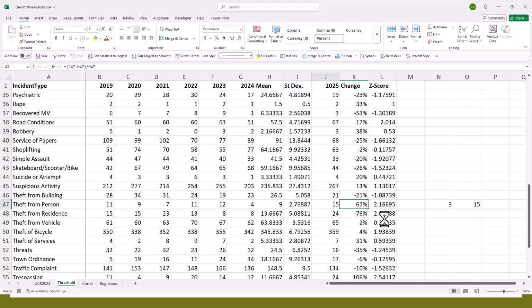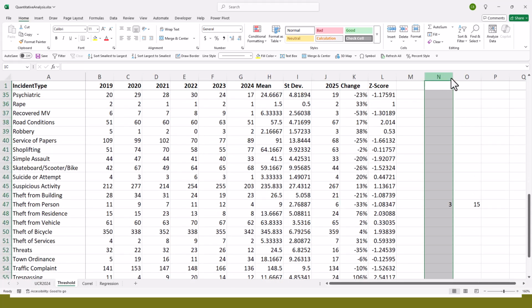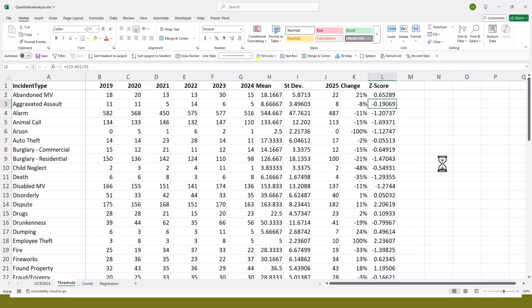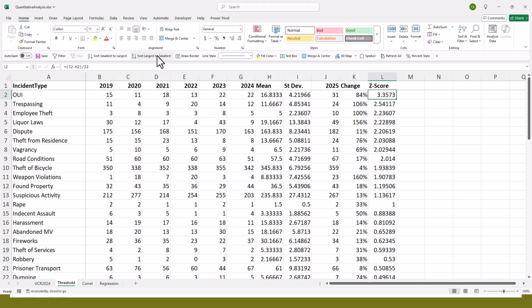And slightly outside of the normal window. So, most of the time, we would expect this z-score to be between negative 1 and positive 1. Almost all the time, we would expect it to be between negative 2 and positive 2. If it's below negative 2 or above positive 2, something really unusual is happening to this crime.